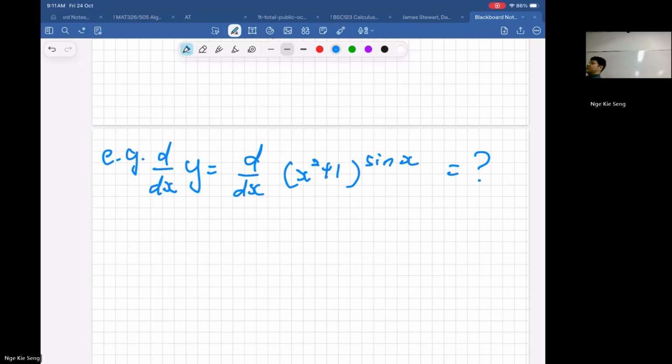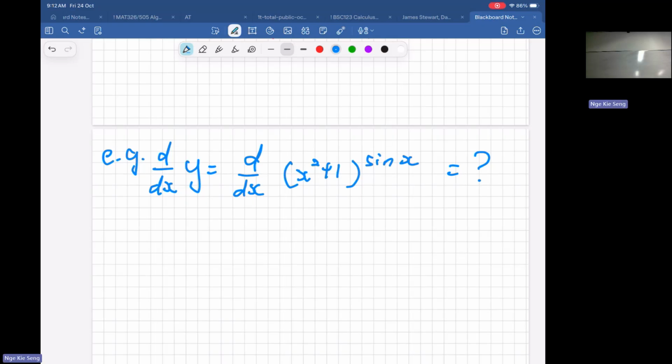Why can we use it? We use logarithmic differentiation to find the derivative. So when is the logarithm function defined?